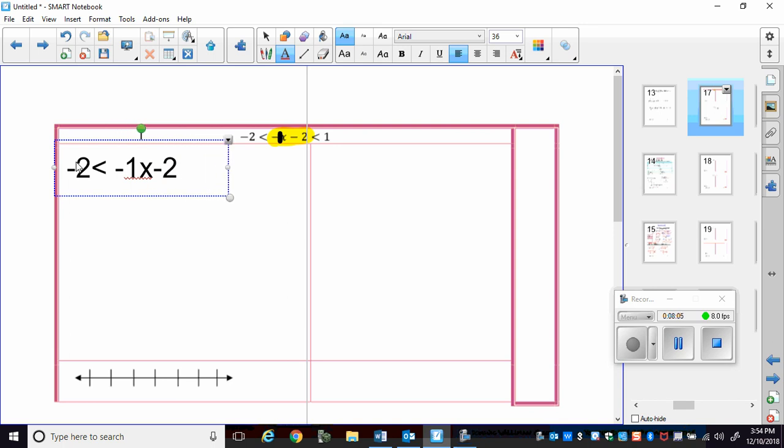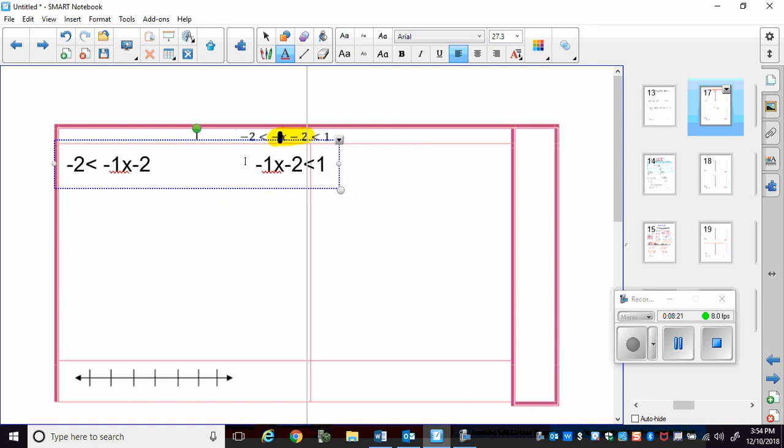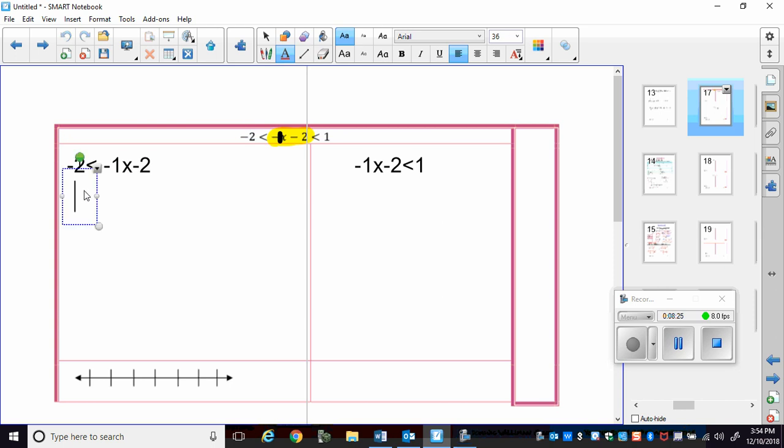And then on the other side, I have just taking that middle section, negative 1x minus 2 is less than 1. Okay? I'm going to make this a little bit smaller and push this over a little bit. All right. Now, let's do some work here.